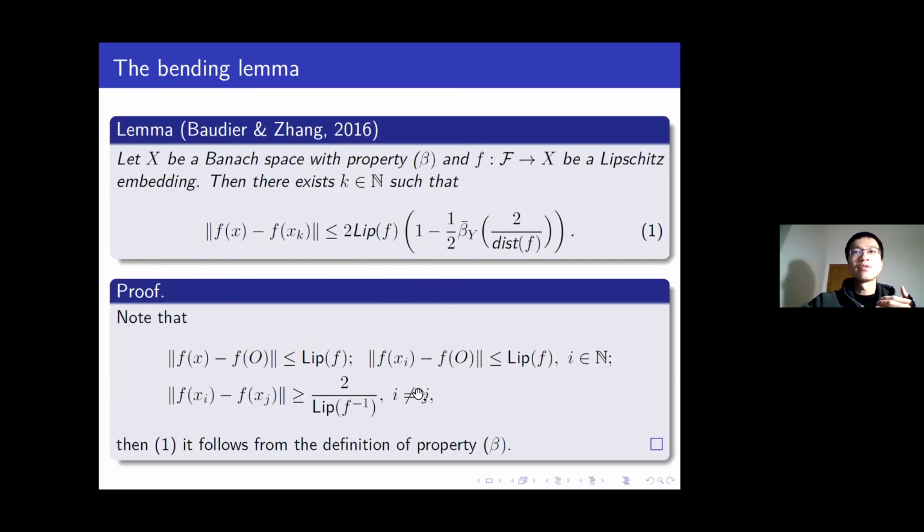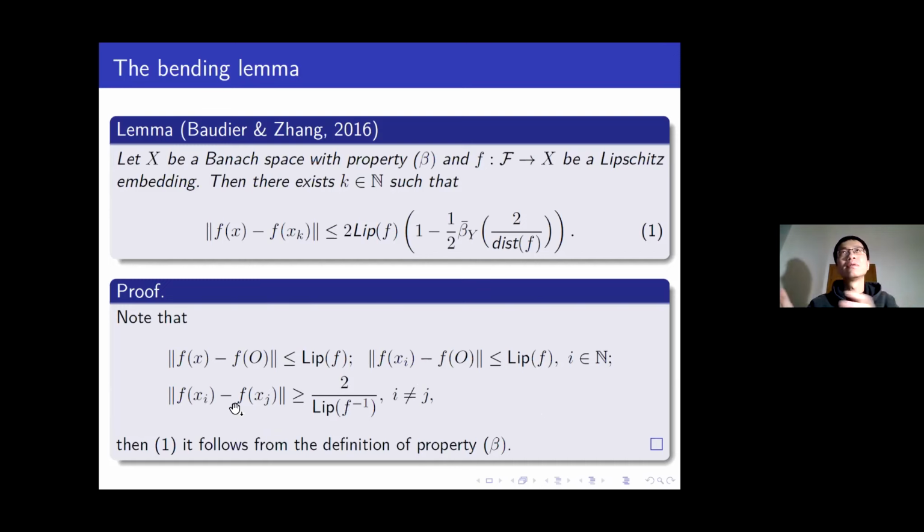So you have these 3 inequalities. The first one is the distance between the image of x and O. By the Lipschitz condition, this quantity is less than or equal to the Lipschitz constant of f. For the same reason, the distance between fxi and fO is again less than or equal to the Lipschitz constant of f. And the images of the tips are separated because f is a Lipschitz embedding, right?